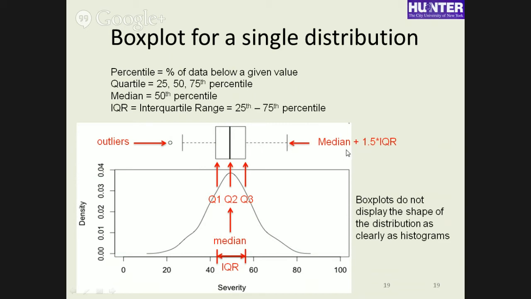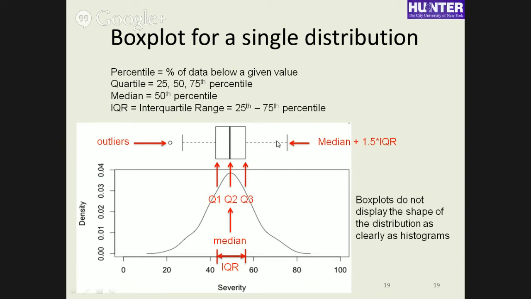And it goes out either to the furthest data point, the most extreme data point, or to the median plus 1.5 times the interquartile range, whichever is smaller. So it will go out beyond the most extreme data point if it's within this median plus 1.5 times the IQR.